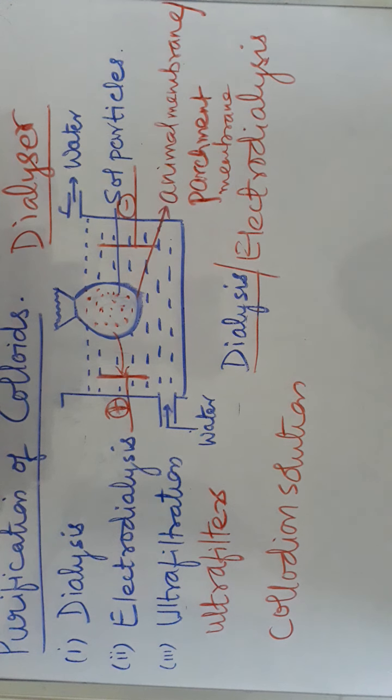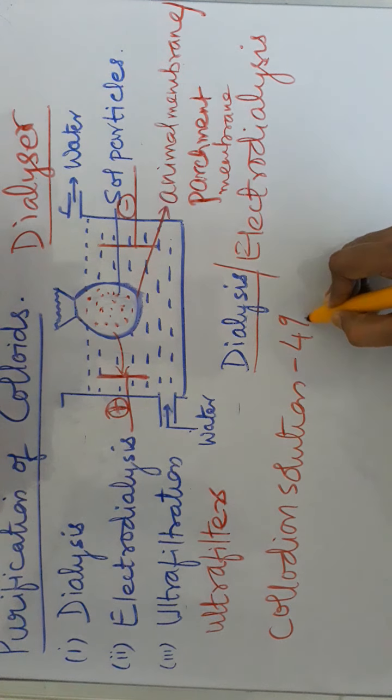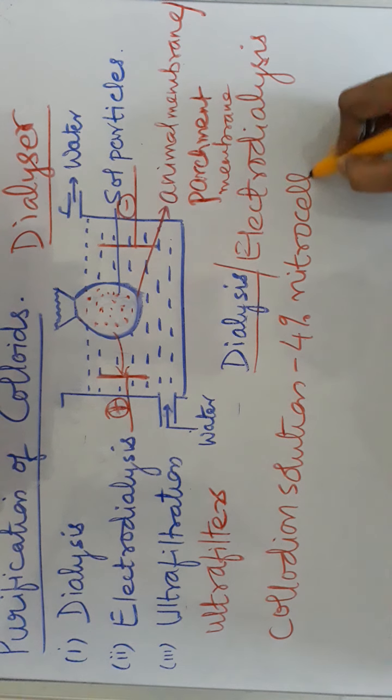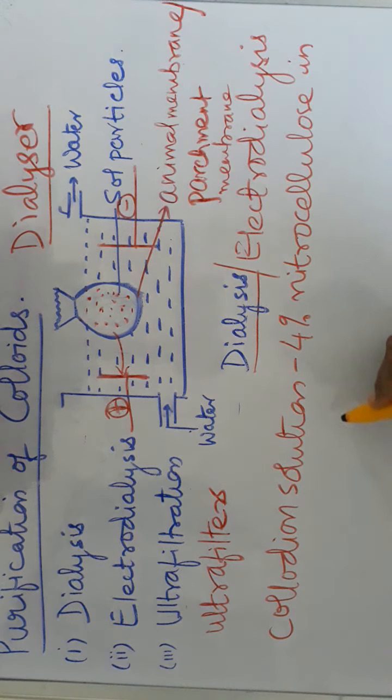And what is this collodion solution? Collodion solution is a 4% solution of nitrocellulose in a mixture of alcohol and ether.